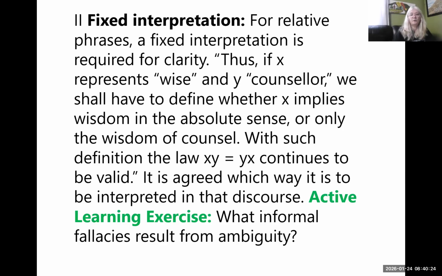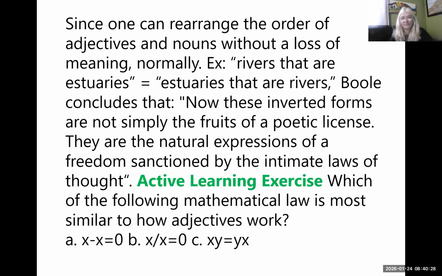So what informal fallacies result from ambiguity? Since one can arrange the order of adjectives and nouns without a loss of meaning, for example, rivers that are estuaries and estuaries that are rivers, Boole concludes that these inverted forms are not simply the fruits of a poetic license, they are the natural expressions of a freedom sanctioned by the intimate laws of thought. Let's go over that a little bit.